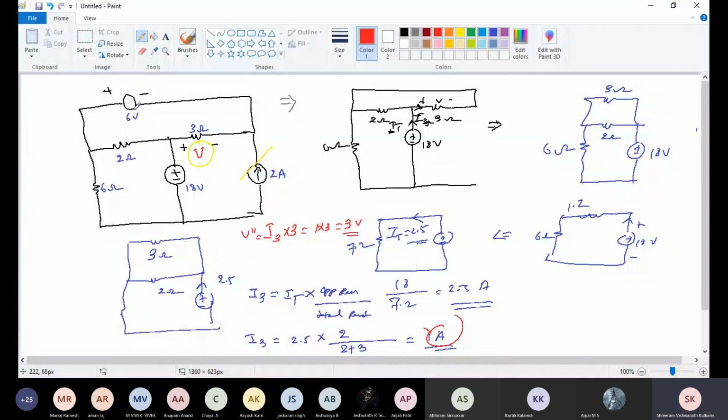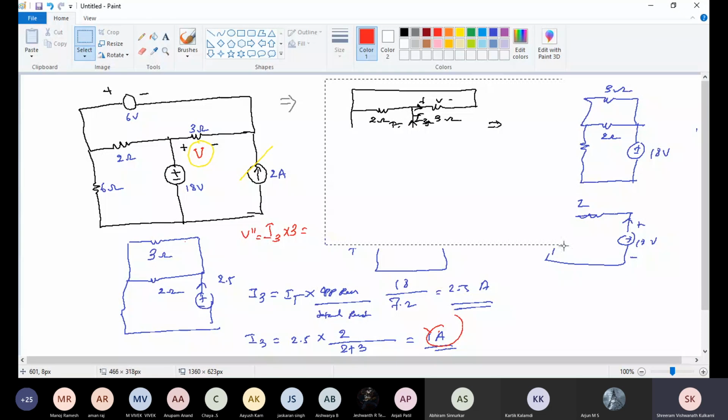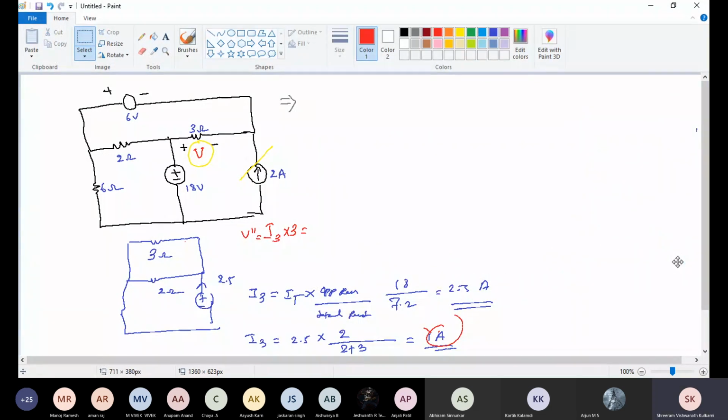We got V dash equal to 4 volt by considering 6 volt, and V double dash equal to 3 volts by considering 18 volt. Now for the 2 ampere source, we need to replace the voltage sources with a short circuit.